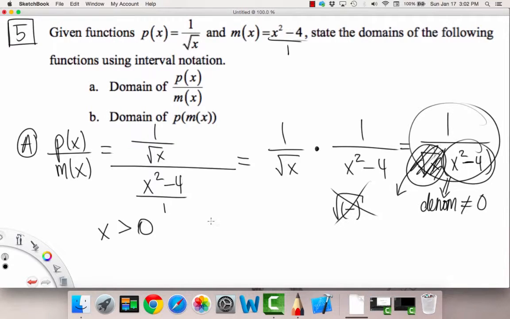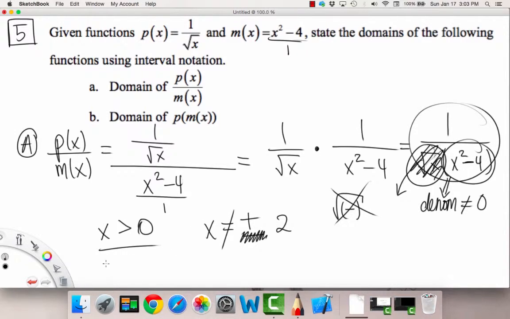When would that equal 0? That would be when x is equal to plus or minus 2. It's definitely not going to be minus 2 because x can't be negative. So x cannot equal a positive 2, because if x equals positive 2, that would make the bottom 0, and our function is undefined. We don't want that for our domain.